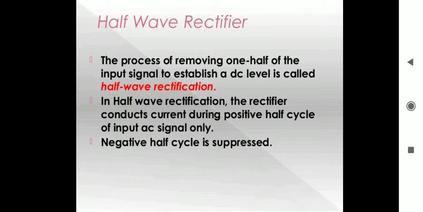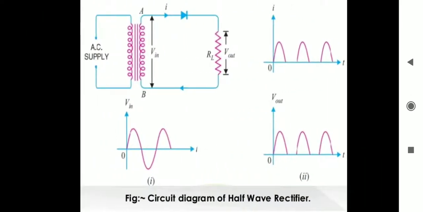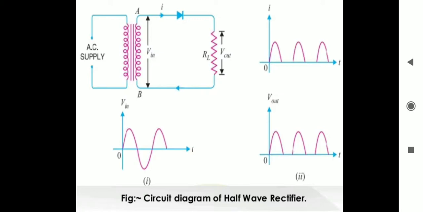In the previous lecture we discussed the half wave rectifier. In this type of rectifier, when AC supply is applied at the input, only the positive half cycle becomes visible across the load while the negative half cycle is blocked. In a single phase supply it needs a single diode, while in a three phase supply it needs three diodes.